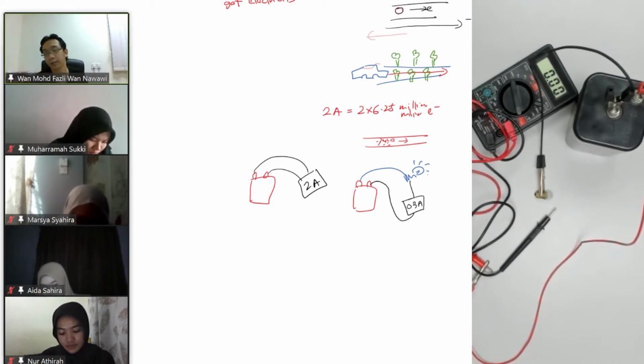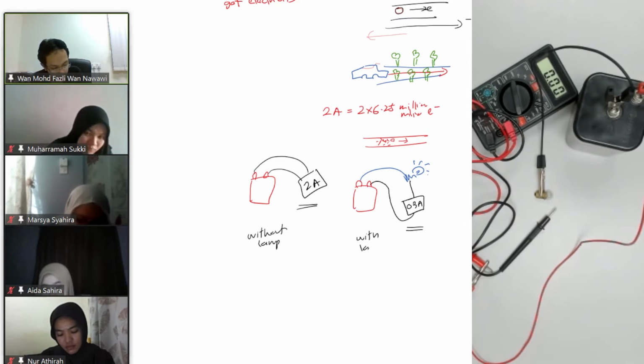So what makes this different is, you see the ampere: this is 2 ampere, this is 0.3 ampere, meaning that, let's say this is A without lamp, this is with lamp, the current somehow becomes lower, meaning that it is less. What it means is that less electrons are moving per second.